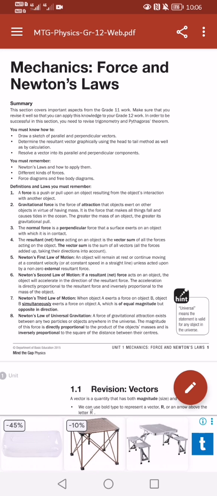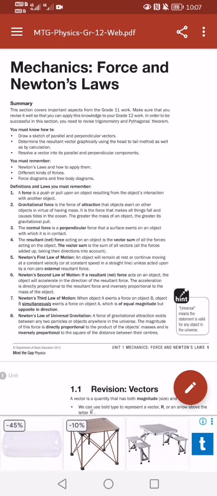Let me make an example. For example, here, this is the study guide, Mind the Gap, Physical Sciences. Looking at number 8, which is Newton's law of universal gravitation, here it says a force of gravitational attraction exists between any two particles or objects anywhere in the universe.